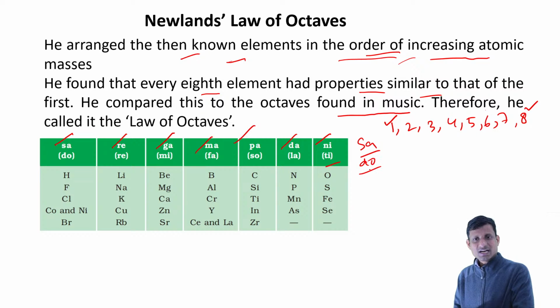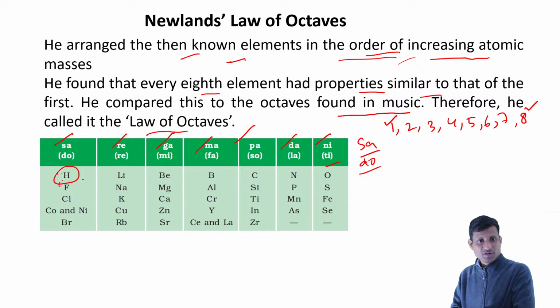Okay, so with that he tried to correlate things, and with this correlation he proposed the law of octaves, or the octave rule. In that rule, basically every eighth element, he actually started with hydrogen, and then lithium, beryllium, boron, carbon, nitrogen, oxygen.